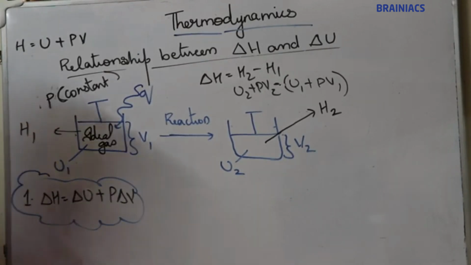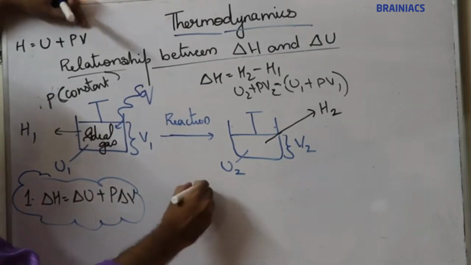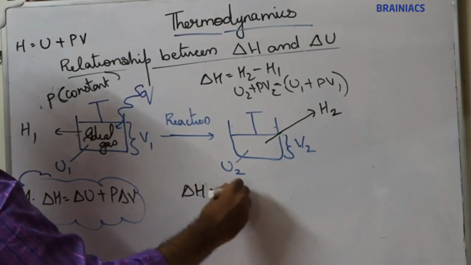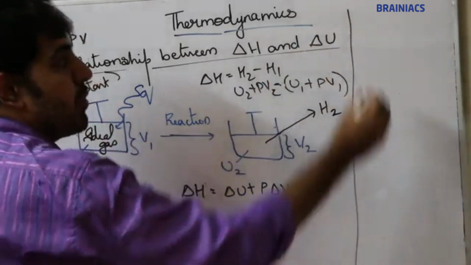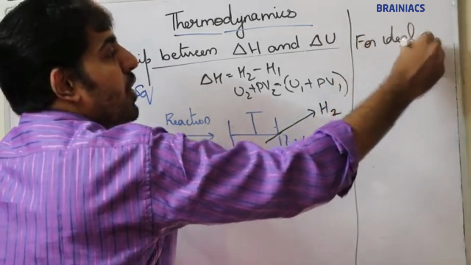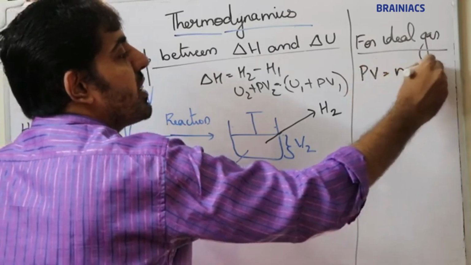Now we know that delta H is equal to delta U plus P delta V. For an ideal gas, what is the ideal gas equation? For an ideal gas, PV is equal to nRT.